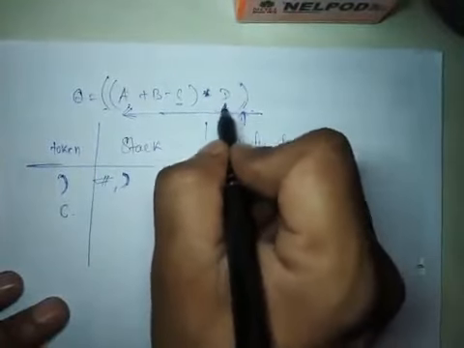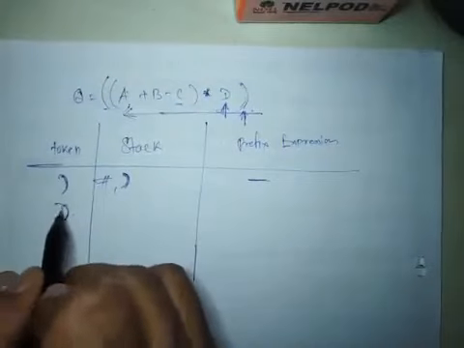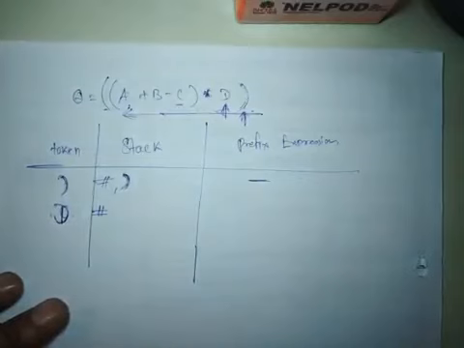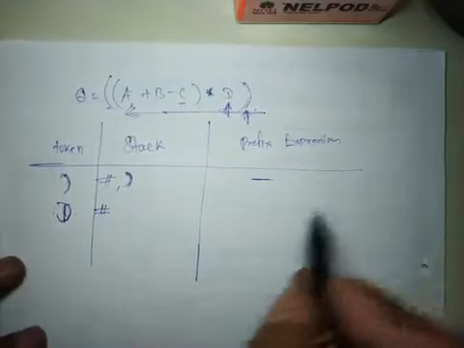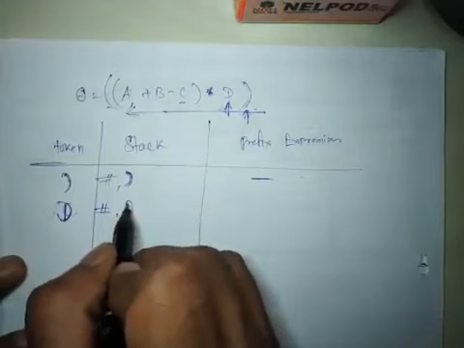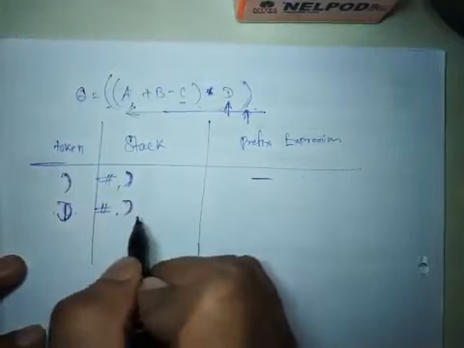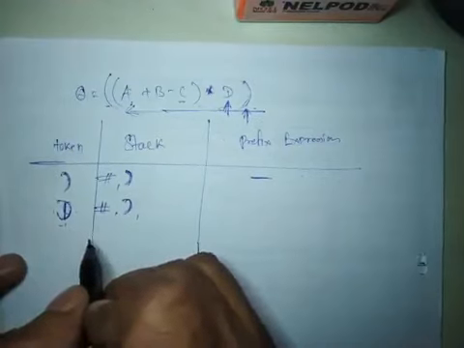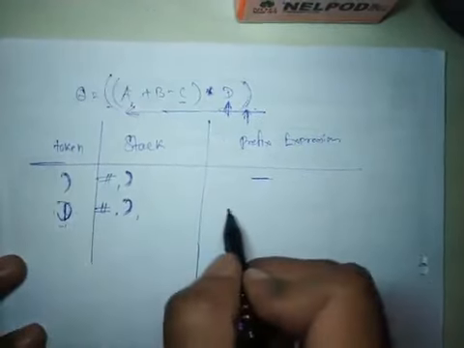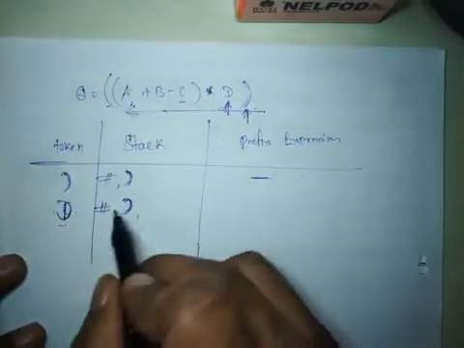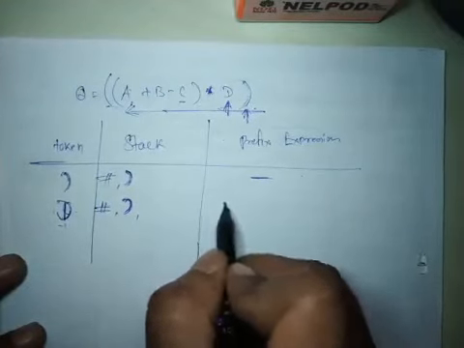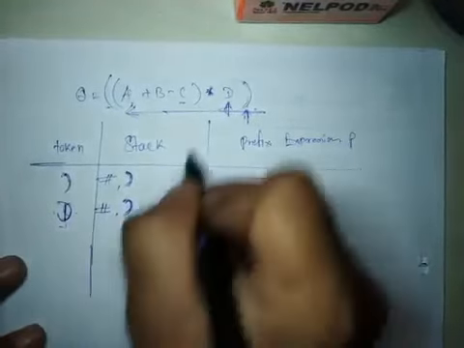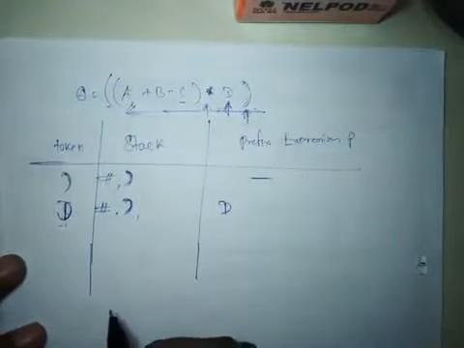What is the next token? That is D. So whenever an operand is encountered, operand means A, B, C, D, like a constant or any value, we are simply going to print it into the prefix expression P. So here comes your D. Then the next token is the multiplication sign.